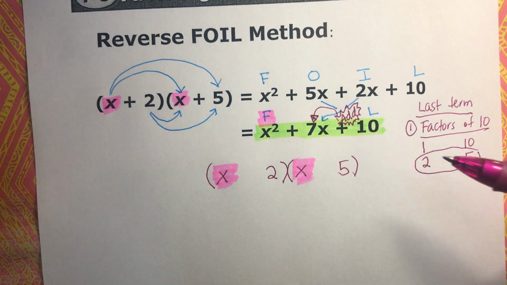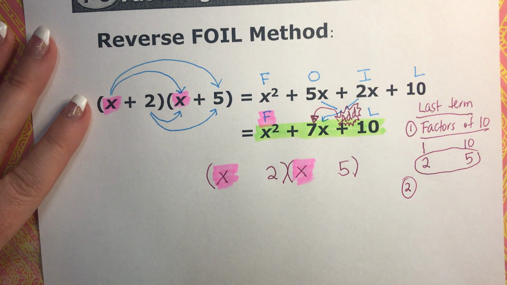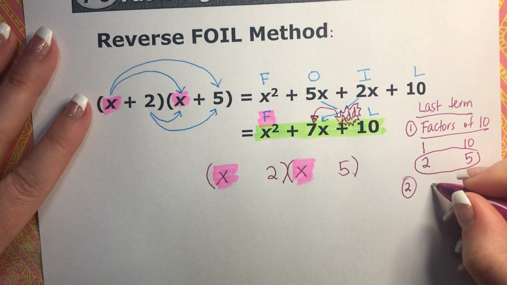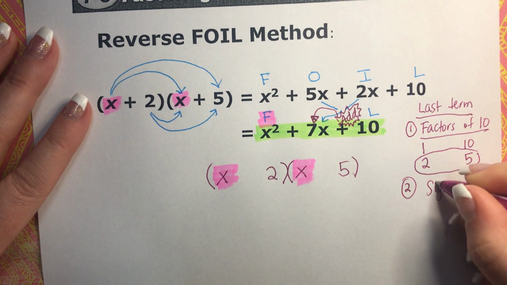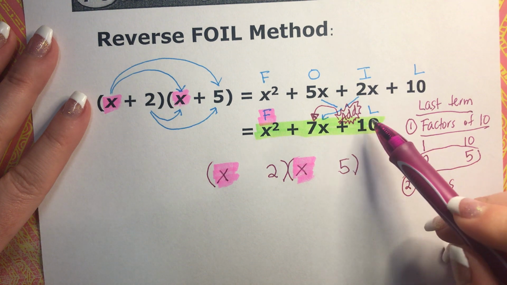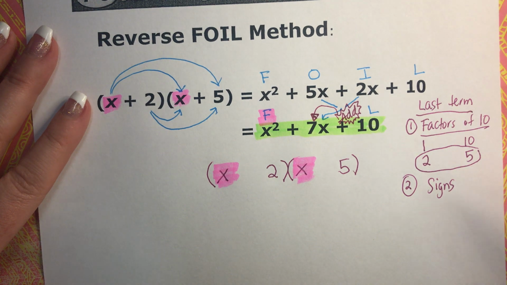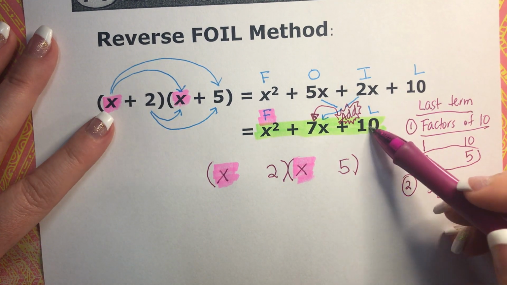So the second thing we have to look at is the signs. We know this positive sign means we're going to add the factors of 10 to get 7, so we know it's going to be 2 and 5. But the other thing to understand is what we're doing when we multiply to get a last.